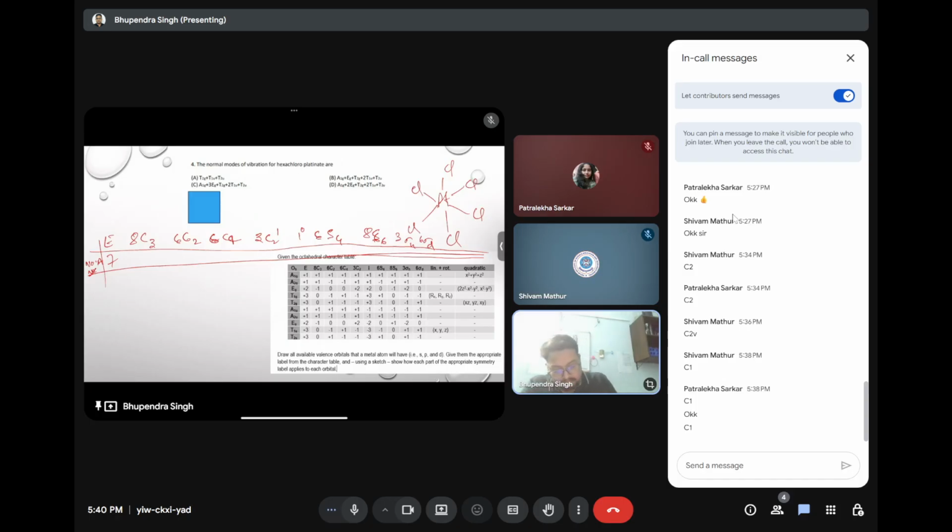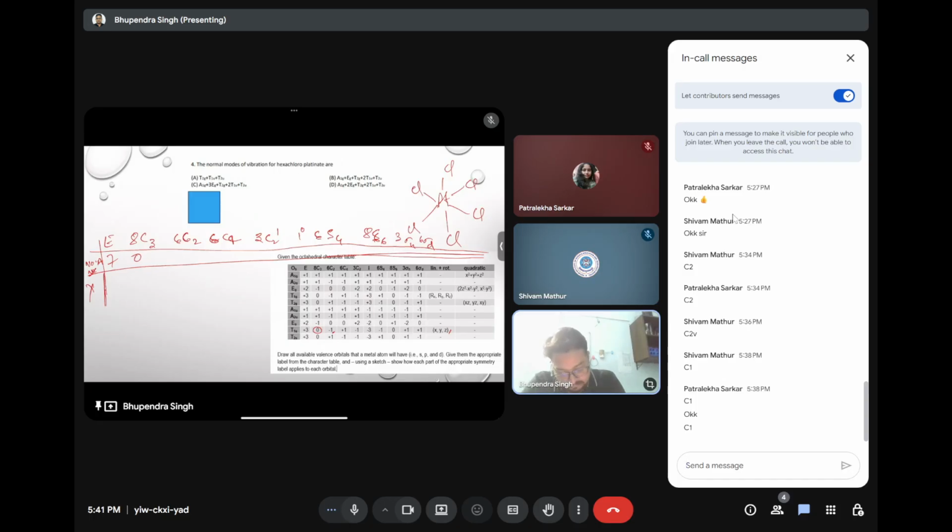Okay, for C3, it is 0. X, Y, Z, all of them are here. So C3 is 0. C2 is minus 1. No, this is for the character, sorry. This is for the character. Okay.